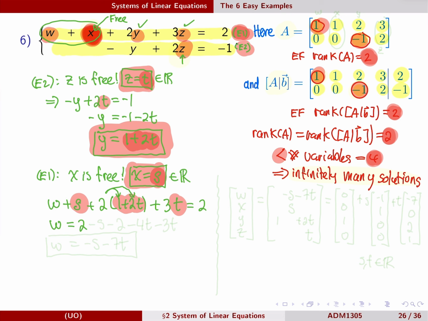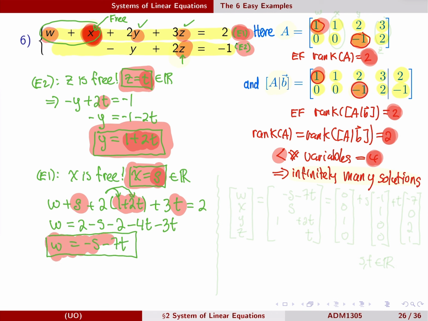So you get 2 minus s minus 2 minus 4t minus 3t. So the 2s cancel each other. You're just left with minus s minus 7t. And that's my formula for w.